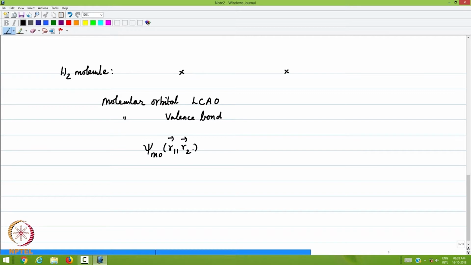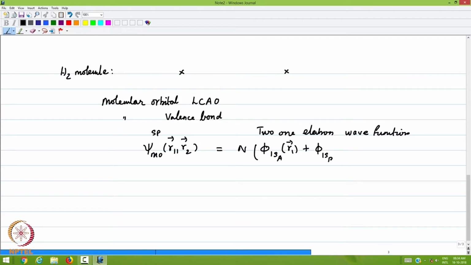This is a spatial wave function, and it is constructed from the one-electron wave functions of H2 plus, as one possibility, namely a normalization constant times phi 1s A of R1 plus phi 1s B of R1, the electron being near nucleus A or nucleus B, with the same electron coordinates.